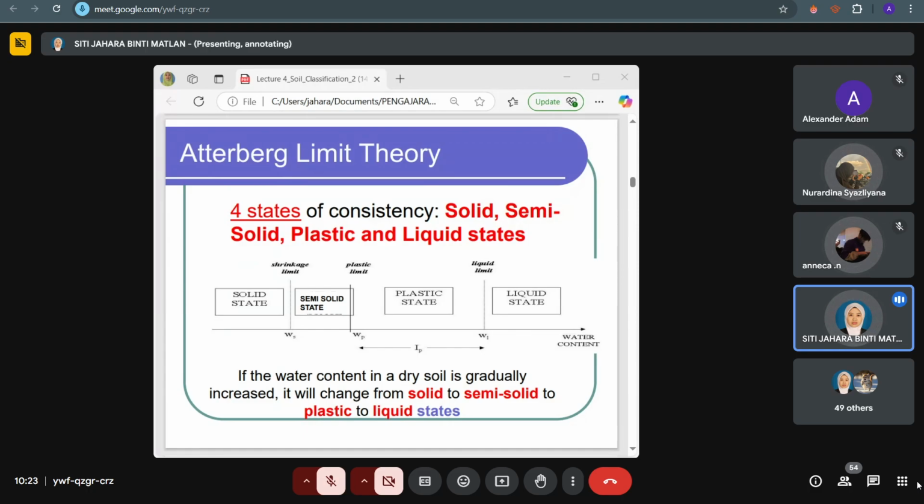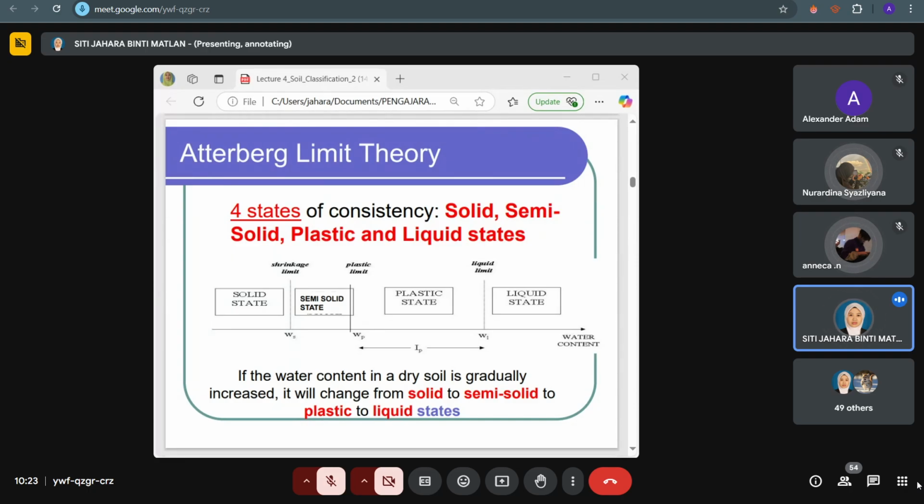Each boundary between these states is defined by a specific limit. As you can see, the shrinkage limit is marked at the transition from solid to semi-solid, the plastic limit is where the soil becomes plastic, and the liquid limit defines the point where the soil begins to behave more like a fluid.